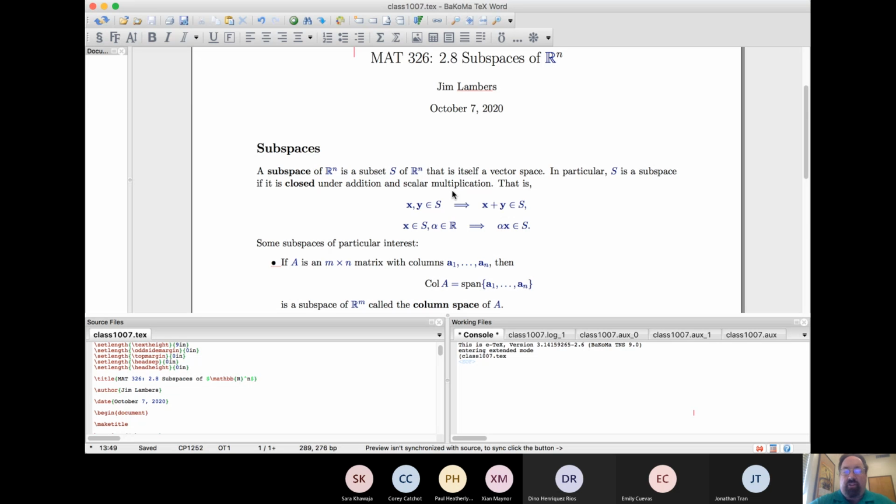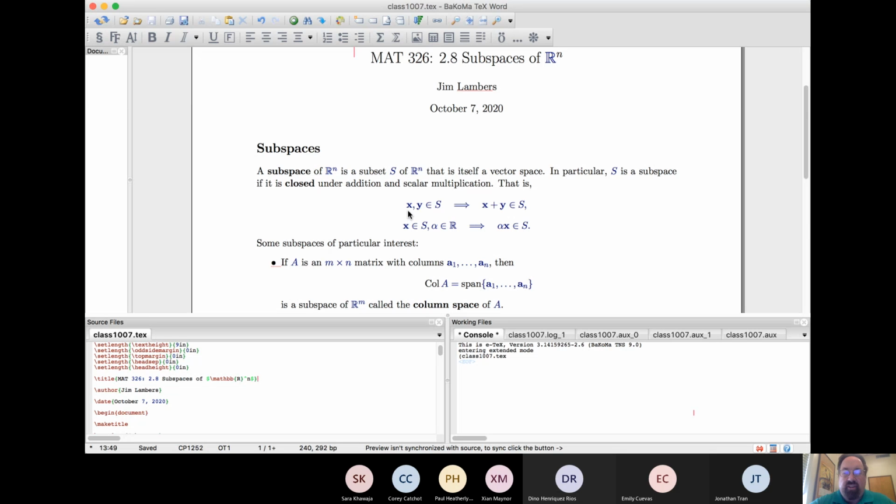So if these two operations keep vectors in that set, then we can call it a subspace. What that means is, for one thing, the zero vector has to belong to the subset. So any subspace must contain 0 out of necessity.